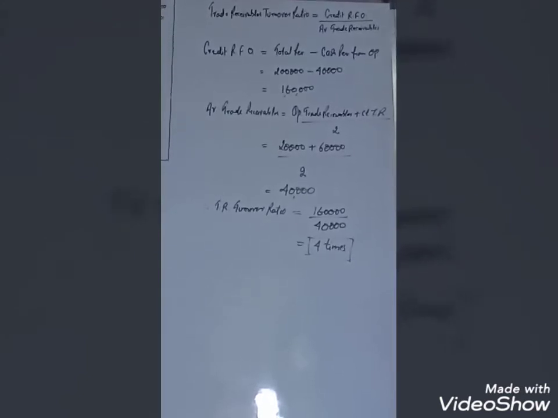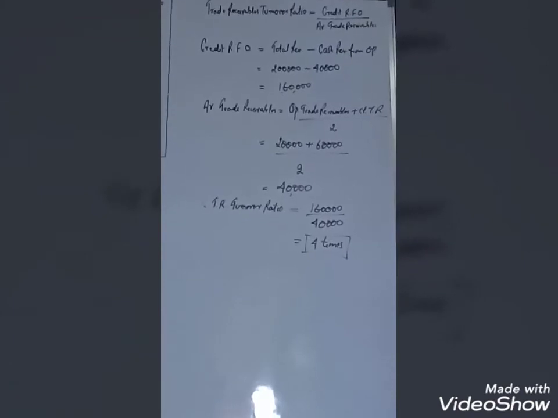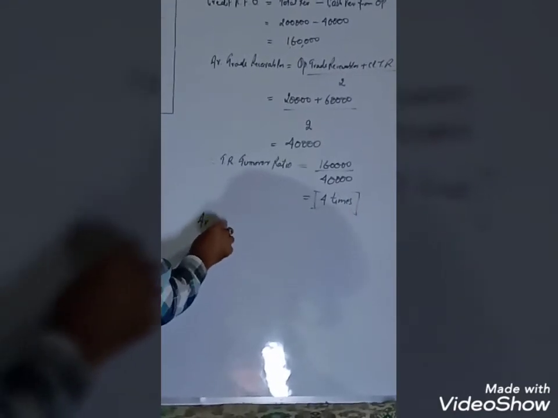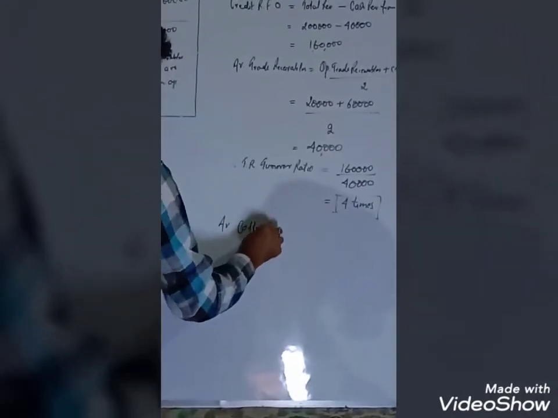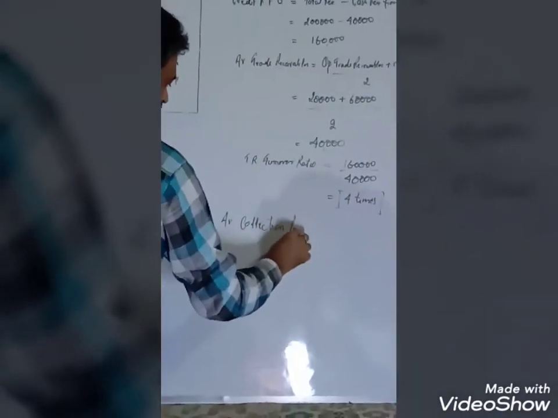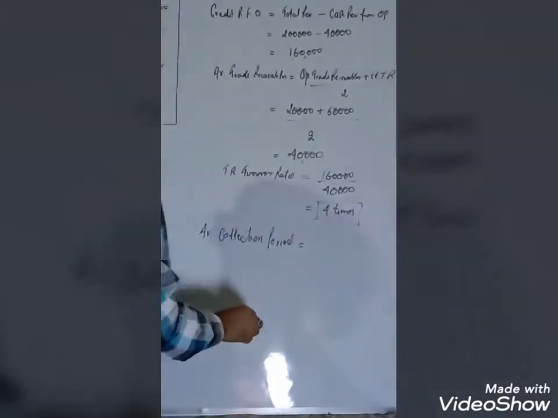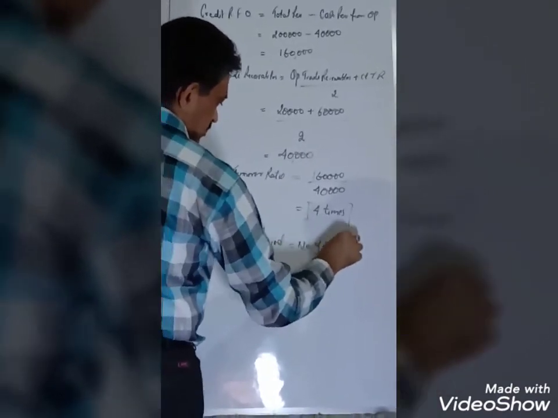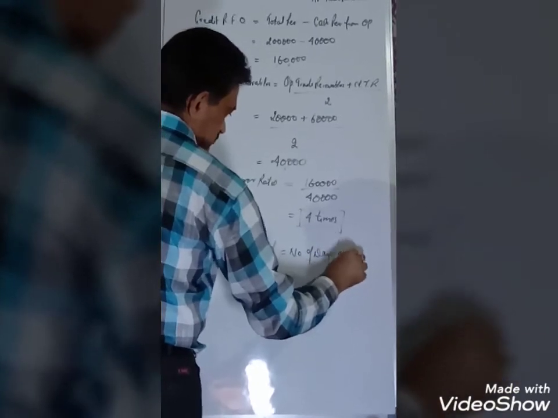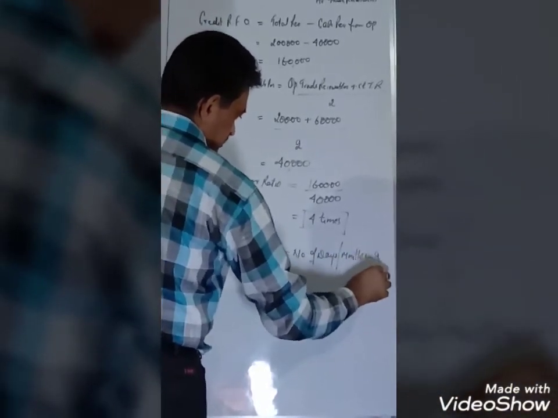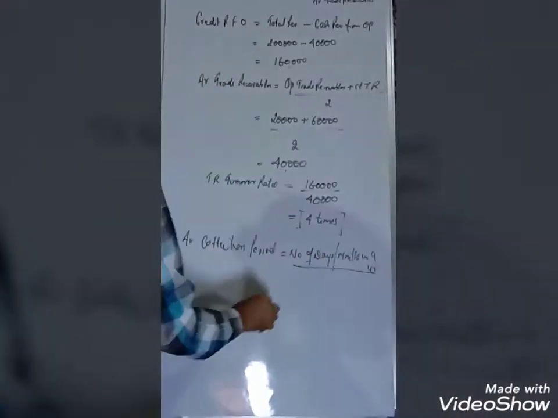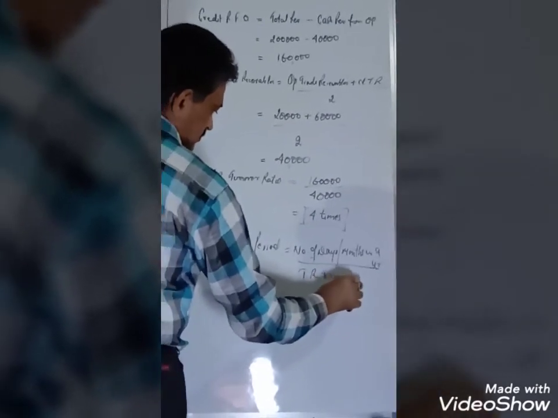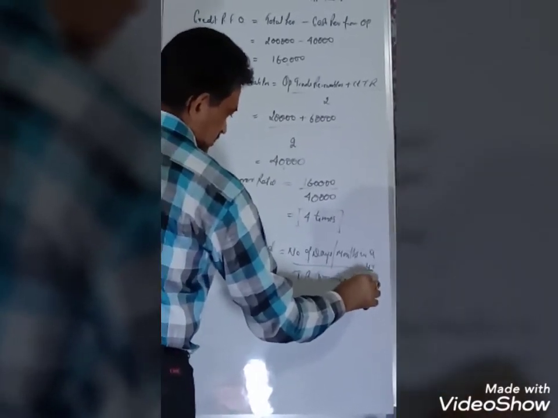For the calculation of average collection period or average age of receivables, the formula is average collection period equals number of days or months in a year divided by trade receivables turnover ratio.